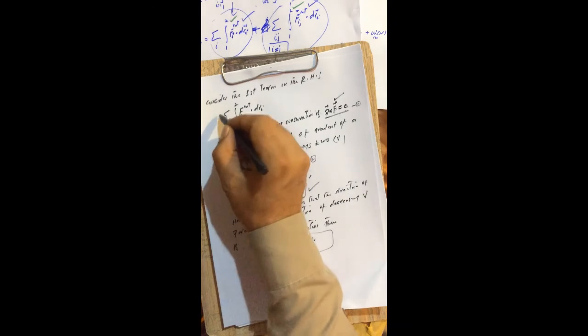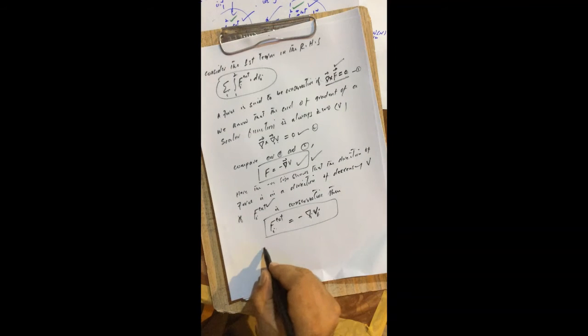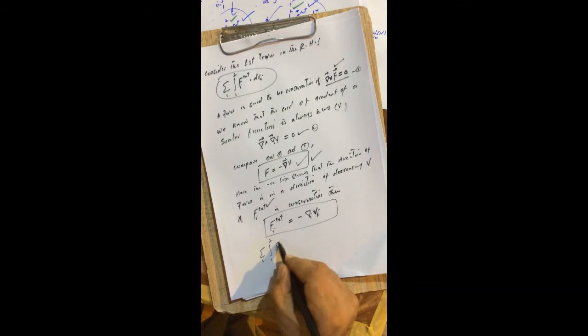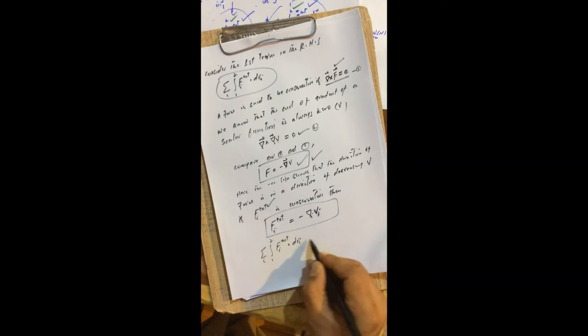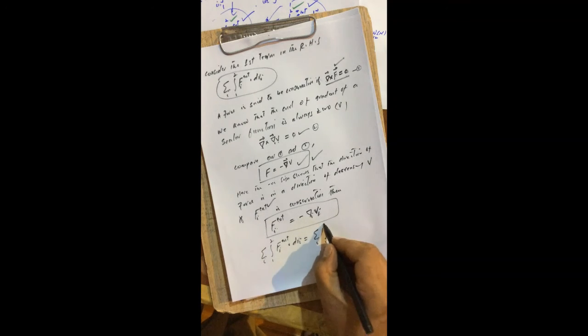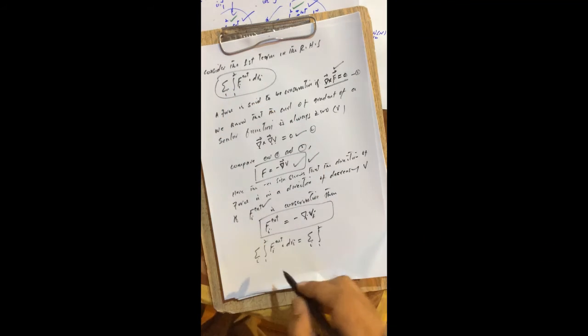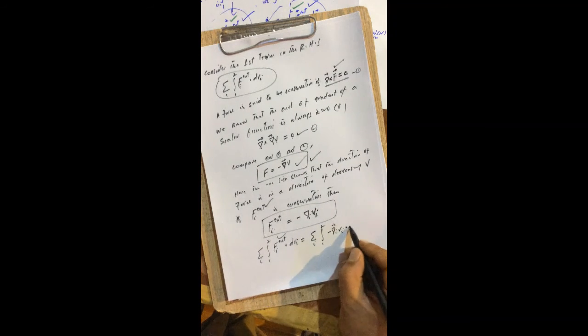So this term can now be written as the sum over i of the integral from 1 to 2, and instead of the external force I put minus del i Vi, and then we have dri.